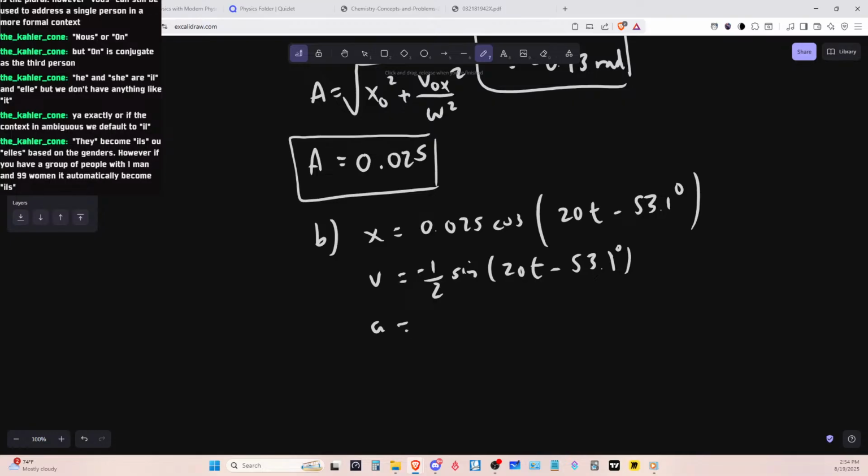And then acceleration, that's going to be 20 squared, then times this by 20. That gives us 10. So negative 10 cosine.